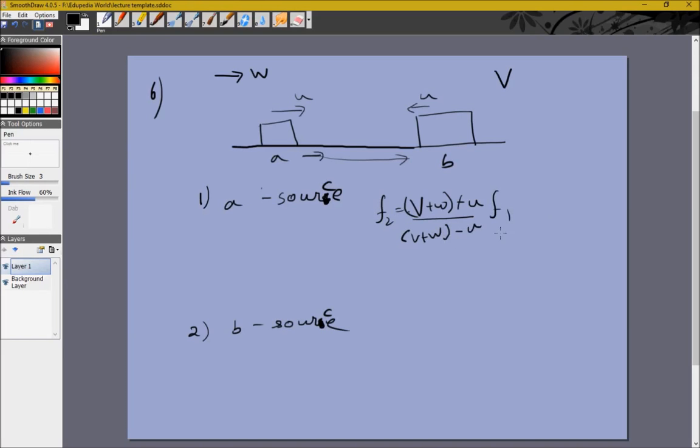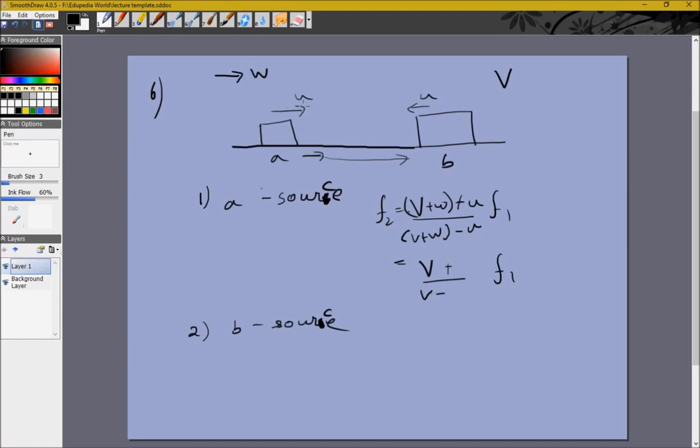Now, this is the ground frame. What do we do in the air frame? In the air frame the equation is still the same form, with v in the numerator and denominator and f1. But what are these terms now? In the frame of the air, the source is not going forward with the speed u.